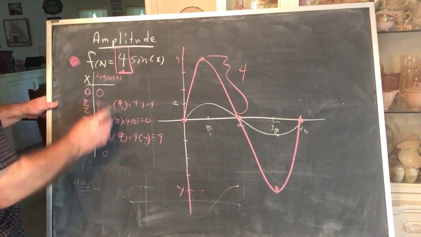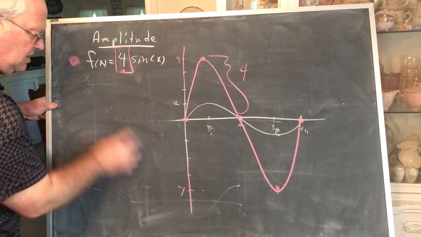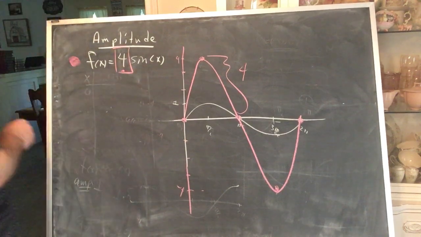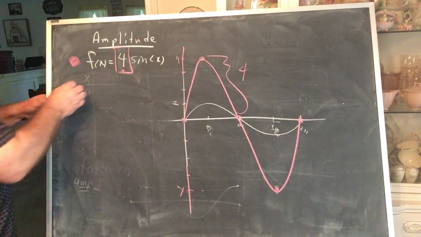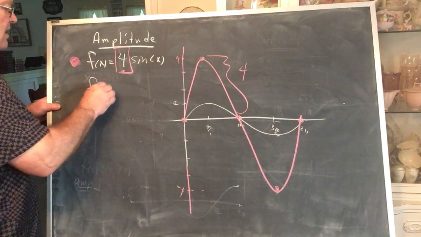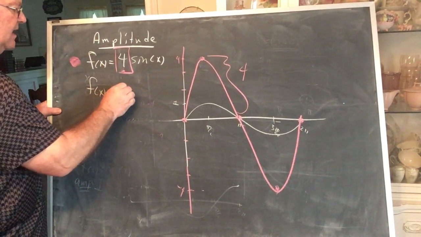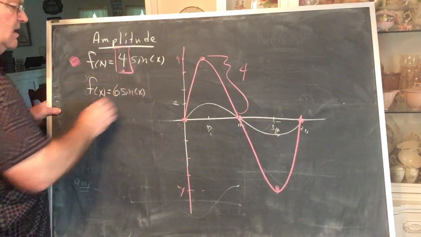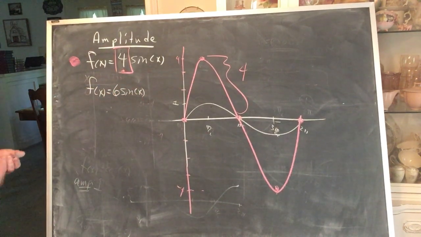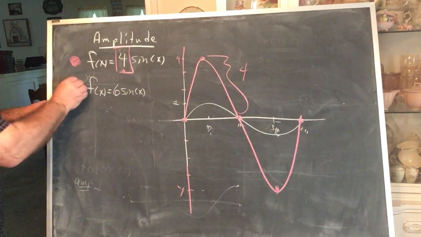Now, if we know that, then it shouldn't be too much of a challenge to sketch the graph of a wide family of functions, because there's nothing magic about 4. What if the multiplier had been 6? Is it clear what the picture would have been? Let's draw this in purple.